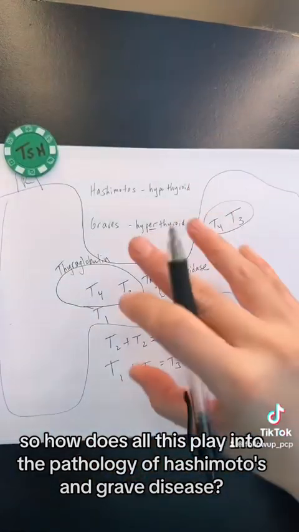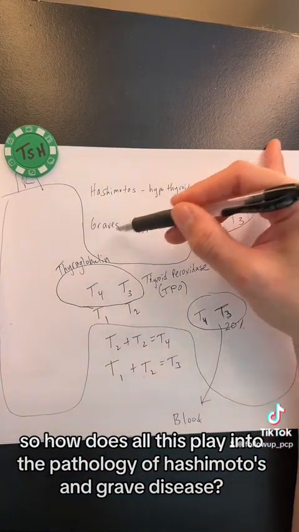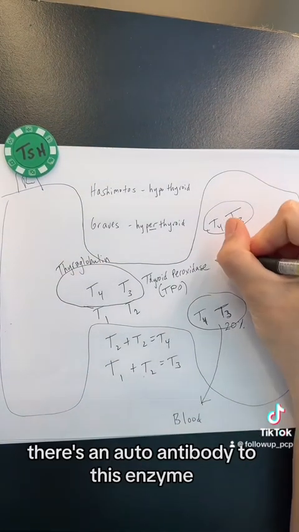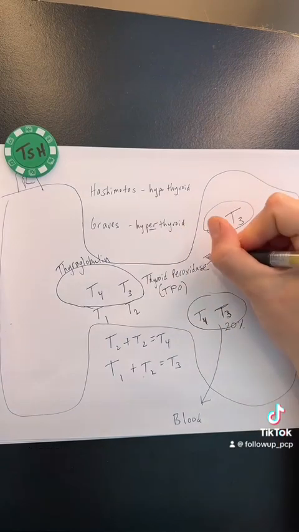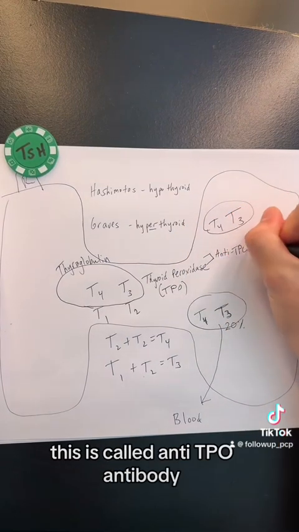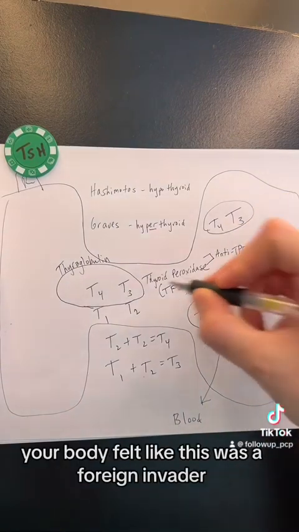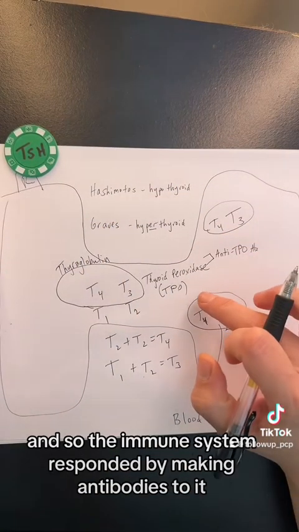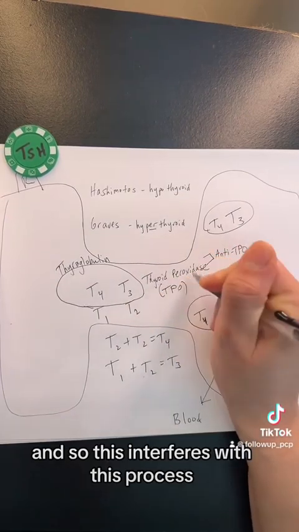So how does all this play into the pathology of Hashimoto's and Graves' disease? In Hashimoto's, there's an autoantibody to this enzyme. This is called anti-TPO antibody. For whatever reason, your body felt like this was a foreign invader, and so the immune system responded by making antibodies to it. This interferes with this process.